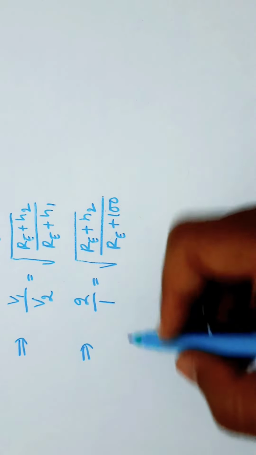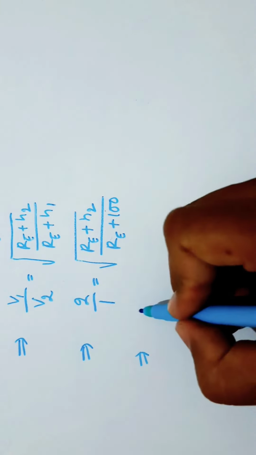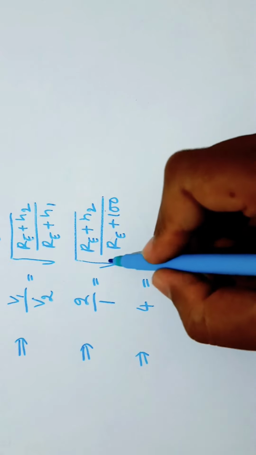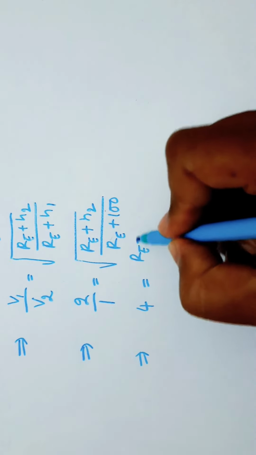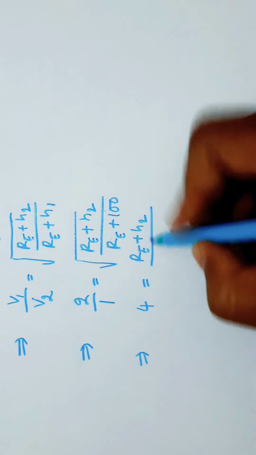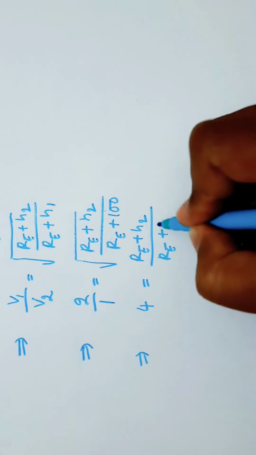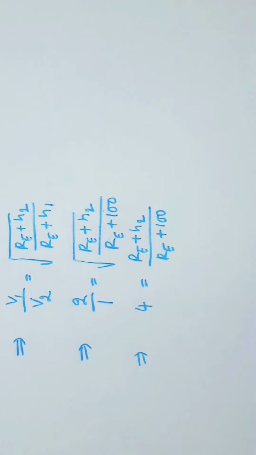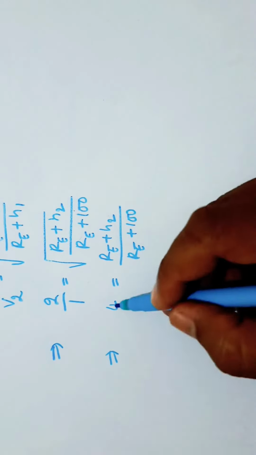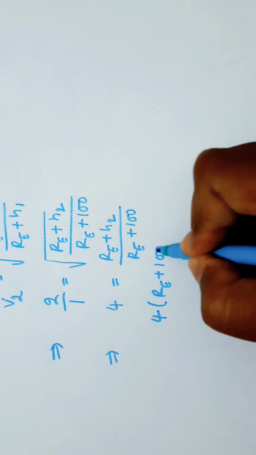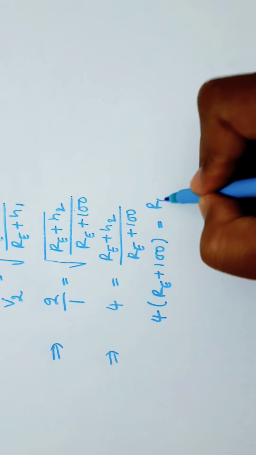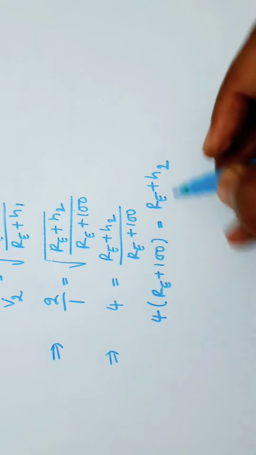Squaring on both sides, we get 2 square, that is 4. The square root cancels, and we get Re plus h2 by Re plus 100. Taking this side, that is 4 into Re plus 100 is equal to Re plus h2.